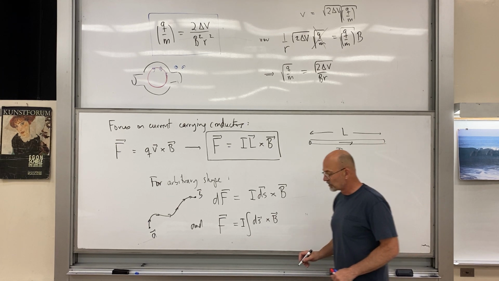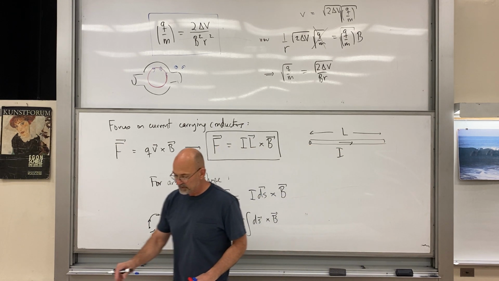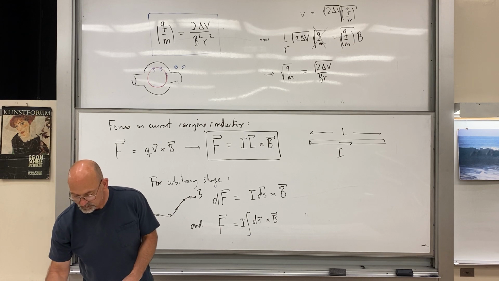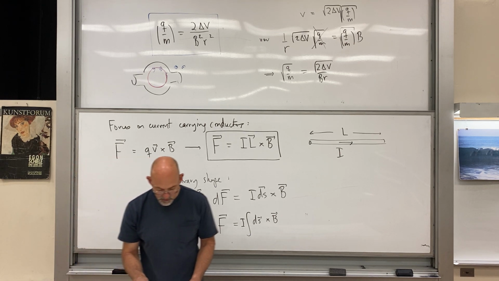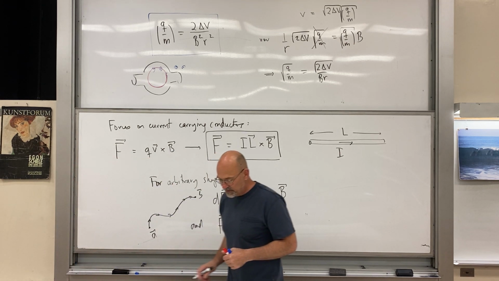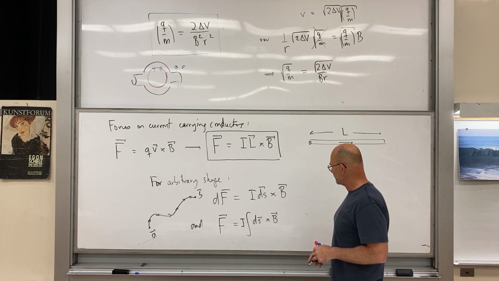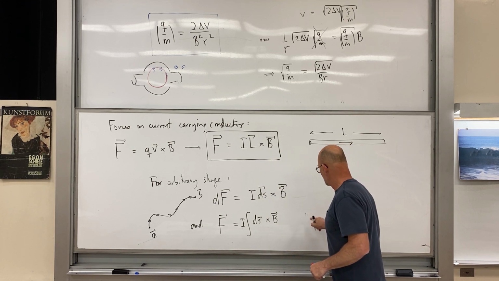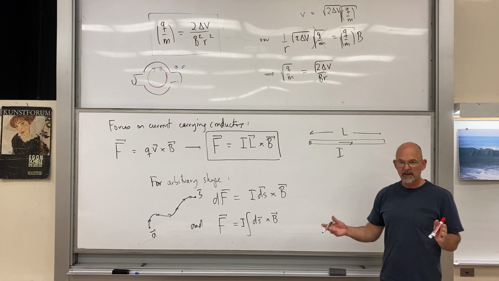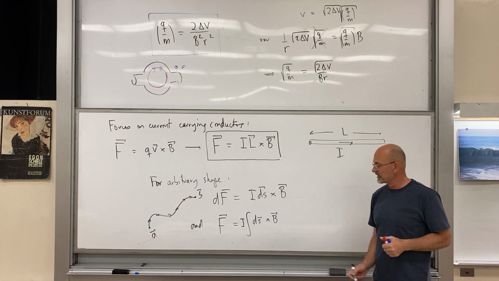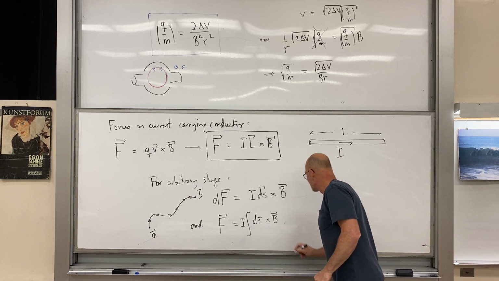Good. So we want to do a couple of examples with this. And I've assigned these as homework problems, but I'm going to do them anyway. So you look at it on the homework, come back to this and have a look.